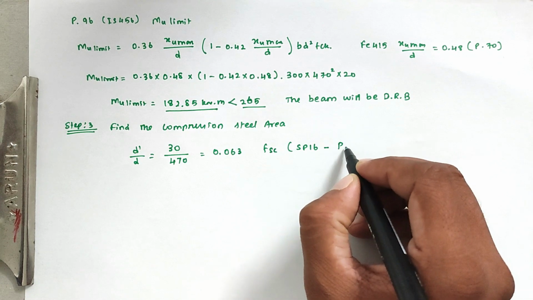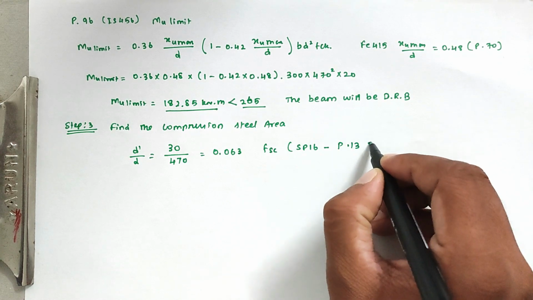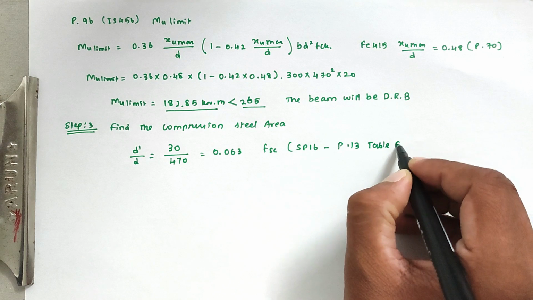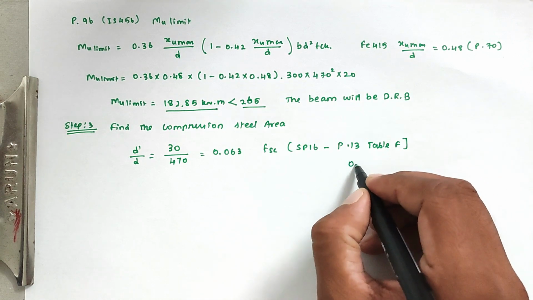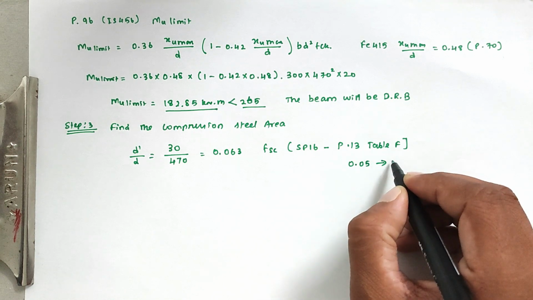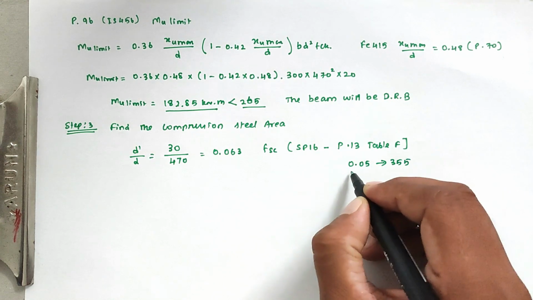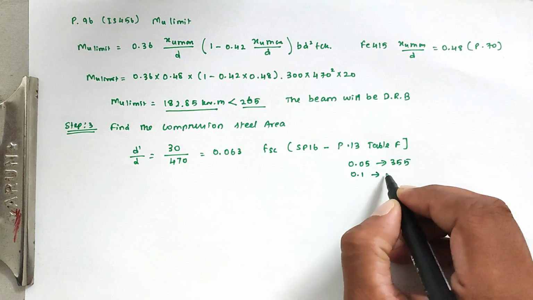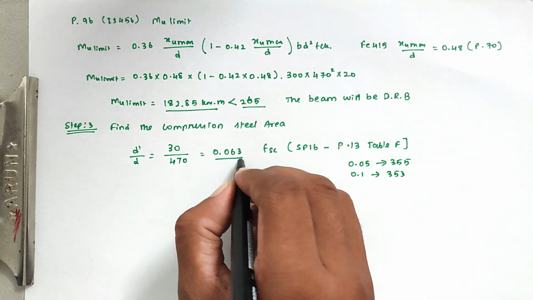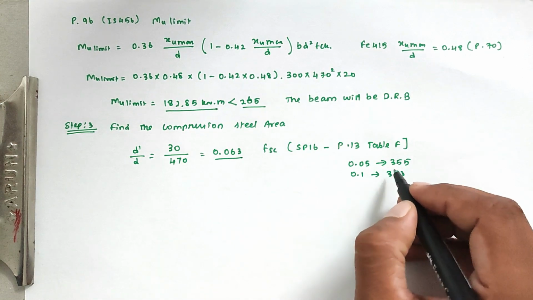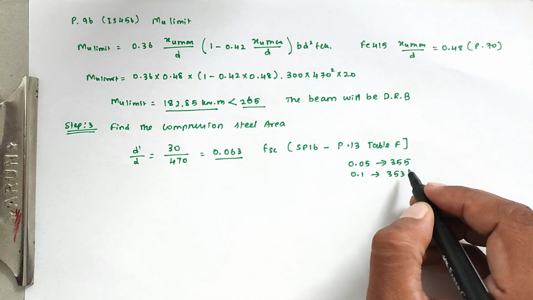From page number 13, table F, for 0.05 the value will be 355, and for 0.1 the value will be 353. Okay, so here we have 0.063, so we can take an in-between value.